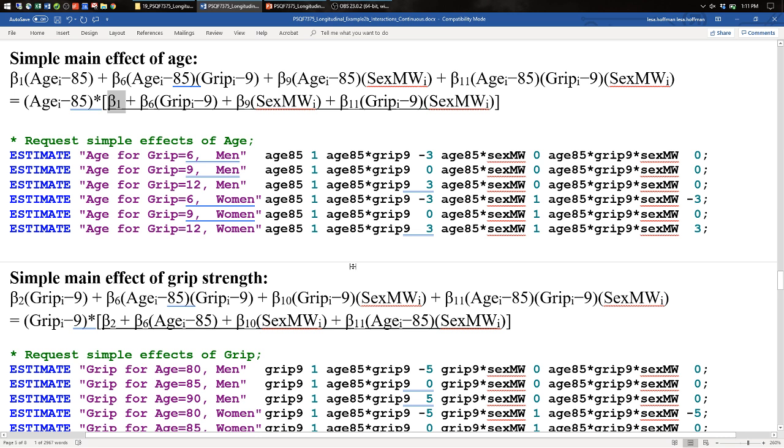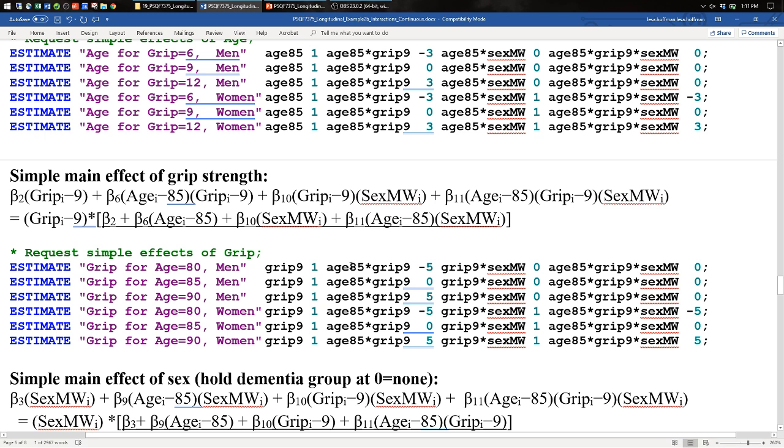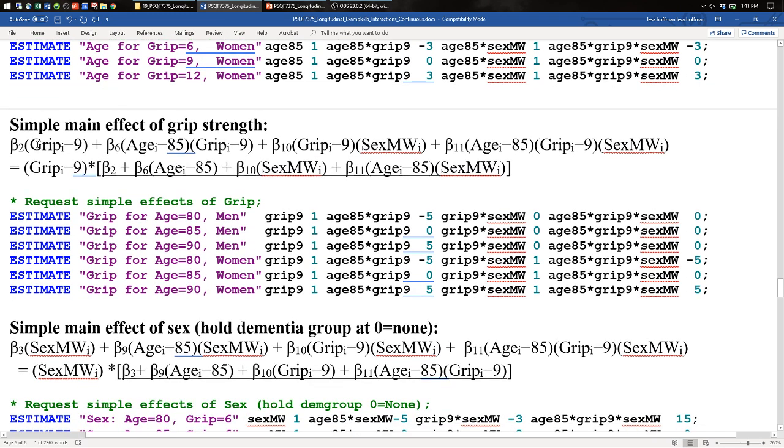Okay, other questions? Okay, let's do it for grip strength. Same strategy. Go back to the main equation, pull out all the terms that have grip in them, factor out grip, and the term that's left begins with the simple main effect of grip, the two-way interactions of grip by age and grip by gender, and then the three-way interaction.